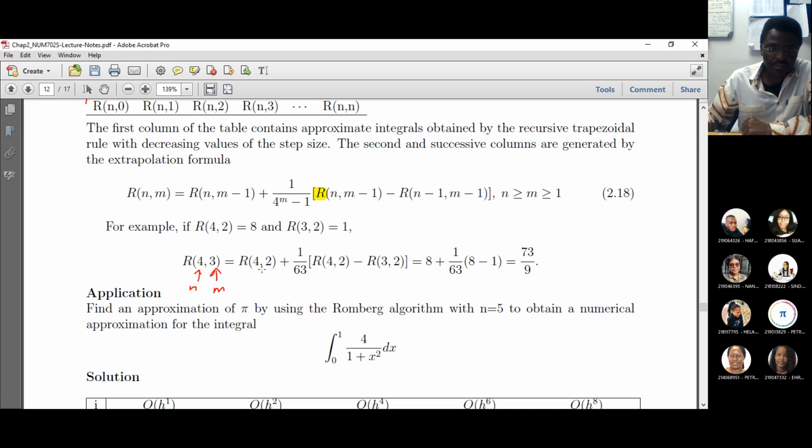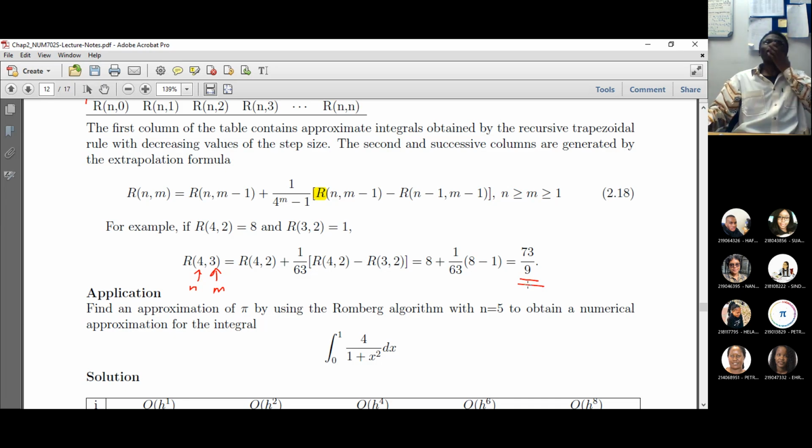In order to get that, we need M minus 1, which is 2. So this will be R42. And we will need R32 also, which will be this one. 3, because 4 minus 1 is 3, 3 minus 1 is 2. 3, 2, which is this one. And they are given. Just substitute them in the formula, we get this result.